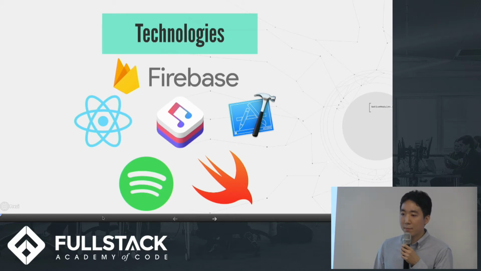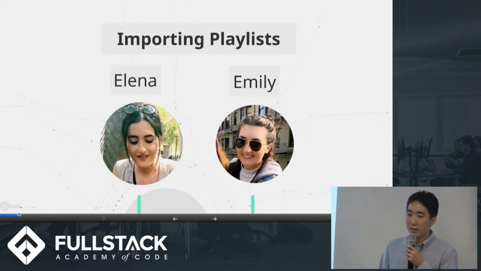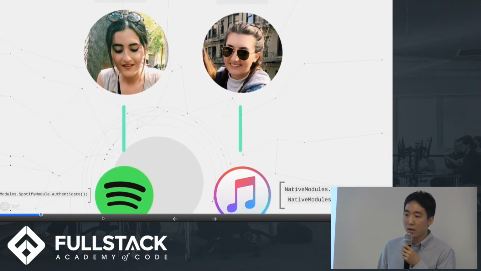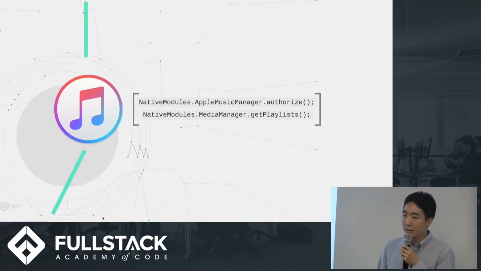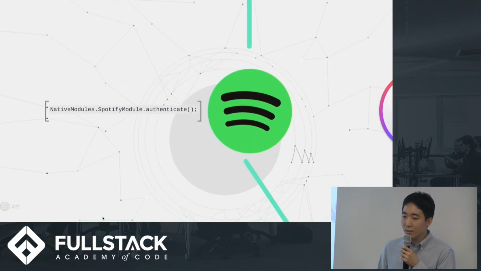So Emily connects to Apple Music. Behind the scenes, we have a JavaScript function that executes a Swift method that ensures the authentication with Apple Music. And then we execute another Swift method that queries and receives her playlist from Apple Music. Elena connects to Spotify in a similar way.